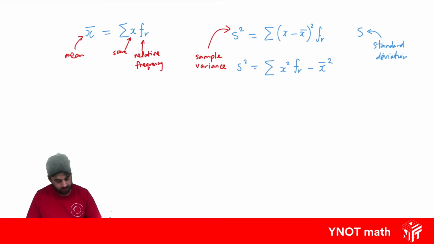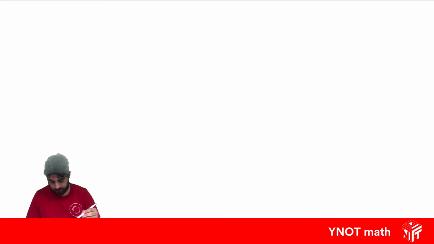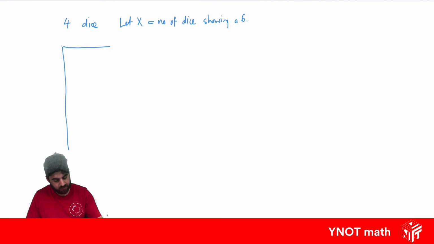So let's have a look at a scenario here. We've got 4 dice that we're throwing at the same time, and we're going to let x equal the number of dice showing a 6. And I'm going to draw up a table of results of when we conducted this experiment.